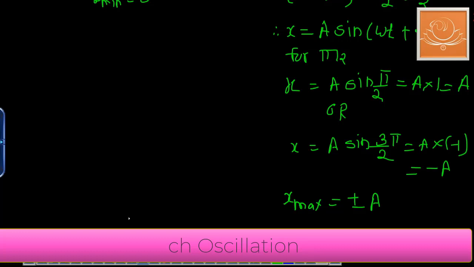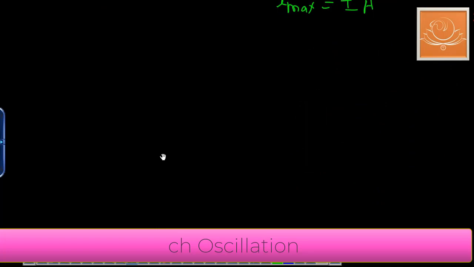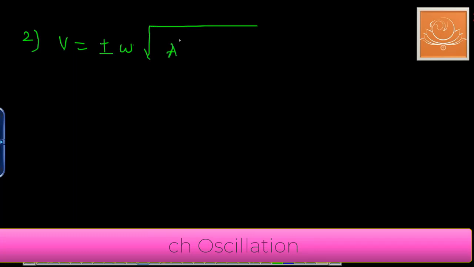Now next, maximum value of velocity, maximum and minimum, that is extreme values. For velocity, see next part. Number second, the equation for velocity is plus or minus omega under root a square minus x square.